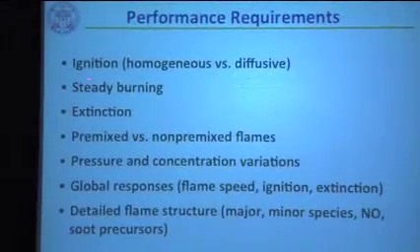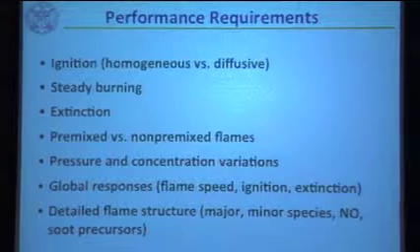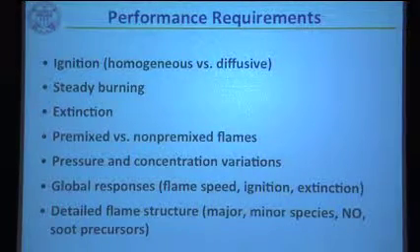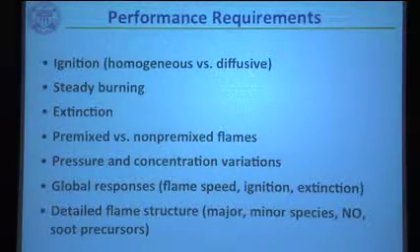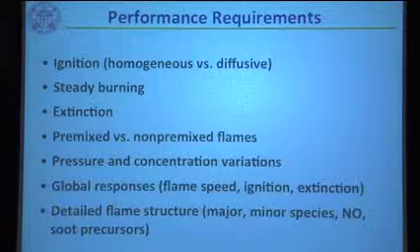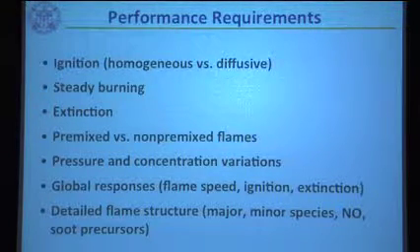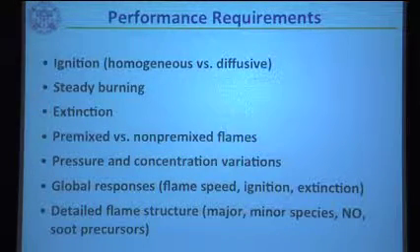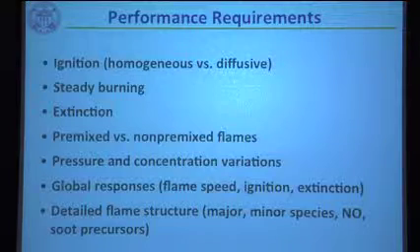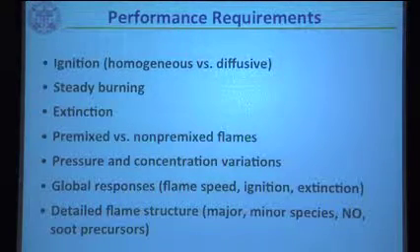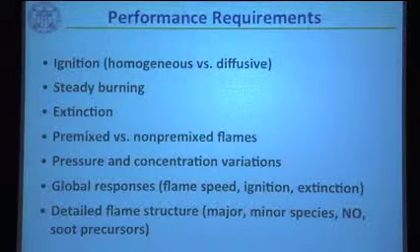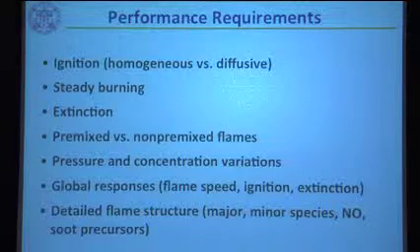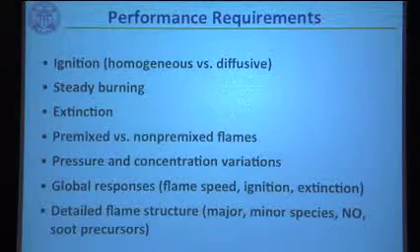In most cases, we deal with homogeneous ignition, that is, ignition behind a reflected shock wave, or ignition in a rapid compression machine. Diffusive ignition refers to experiments in which you have a flow of a hot oxidizer impinged against a cold fuel. And if you increase the temperature of the hot oxidizer, eventually you're going to see ignition of the system.